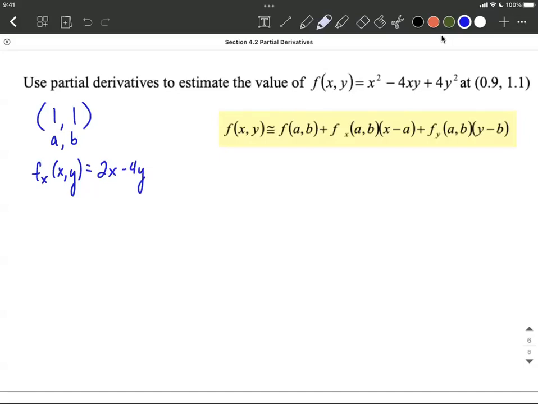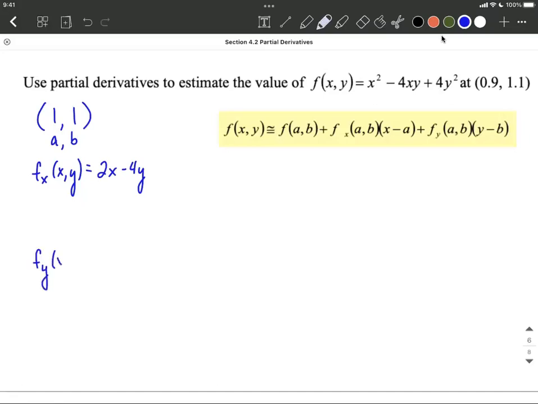The derivative of x is just going to be 1, so we can multiply this by 1 if we so chose. That last term, 4y squared, because we're taking the partial derivative with respect to x, we treat all as though it's a constant, right? We're treating y's in this case as constants, so its derivative is going to be 0. So that's our partial derivative with respect to x.